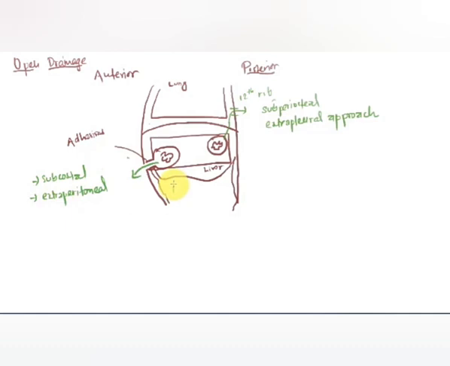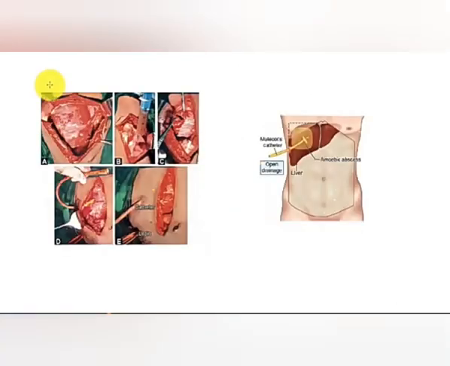We don't open the peritoneum, rather we deal with the peritoneum here. And the last approach is transperitoneal, which is used very rarely these days. Here we can see the exposed abscess.